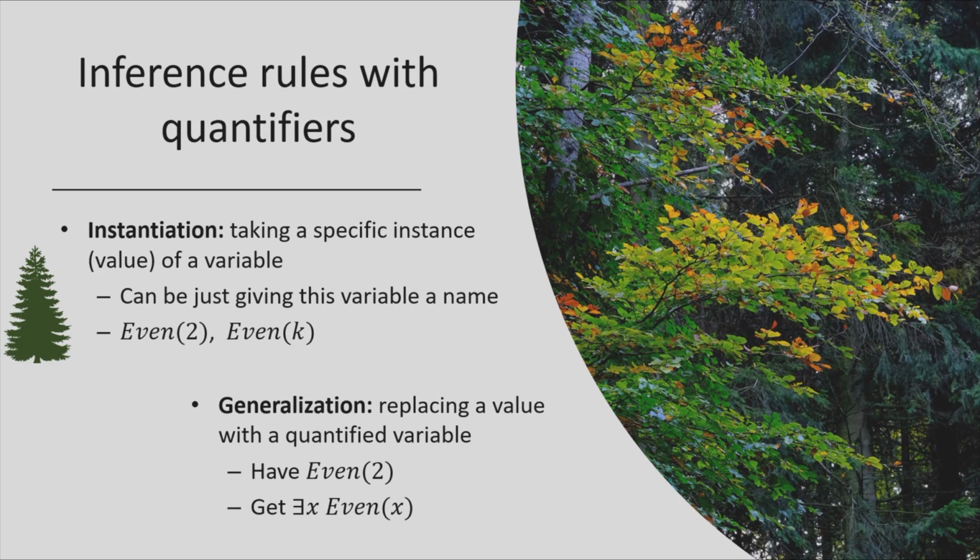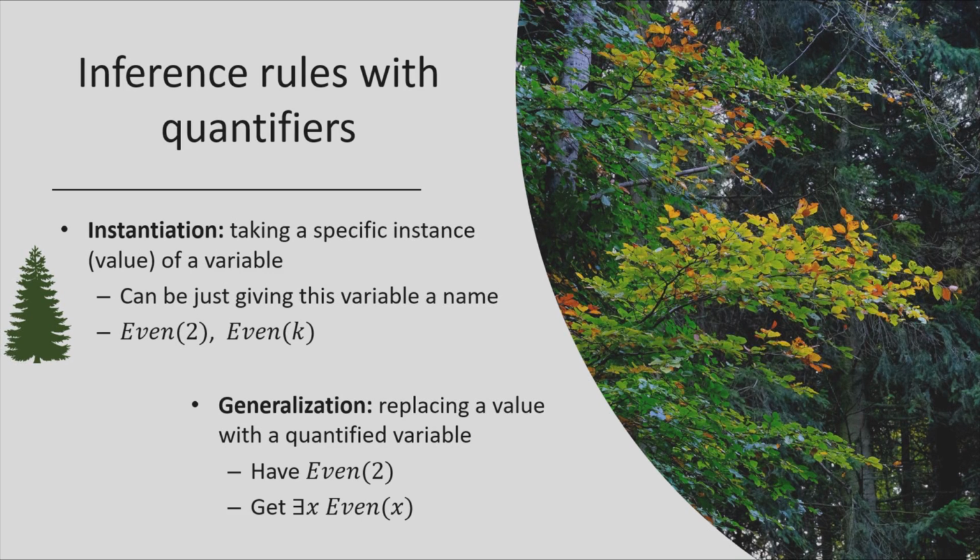We could call it a 2, we could call it a k, but that's something specific. And with that specific thing, we could say more than we could say about all the elements. If we have a specific k, we could talk about that k being even or being odd or being greater than 0. If we talk about all possible numbers, well, some of them are even, some of them are odd, some of them are greater than 0, some of them are not. It makes it a little easier to reason about something if you're talking about one specific thing with a name.